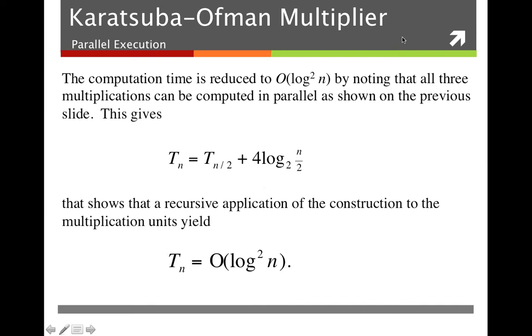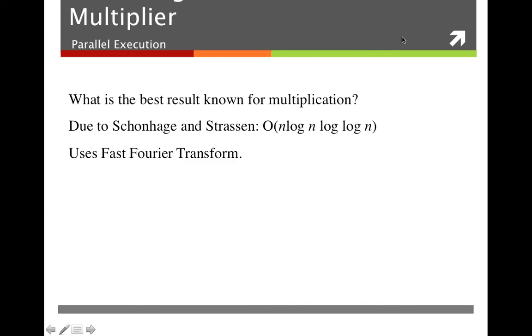And finally, let me just say this, the best known result, something that is practical in some sense, even though this is not very practical compared to Wallace or Karatsuba-Ofman, would be the one discovered by Schoeninger and Strassen, German scientists, which gives you order n log n log log n.